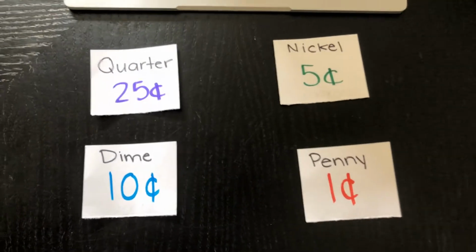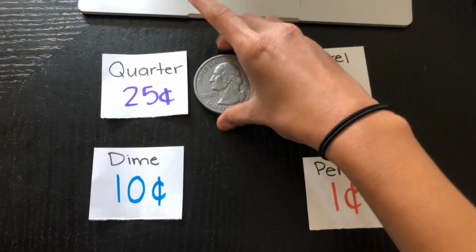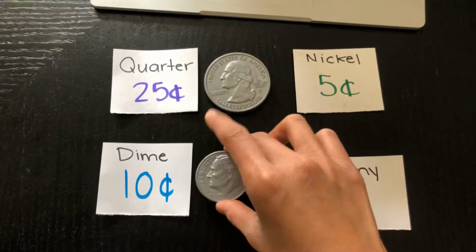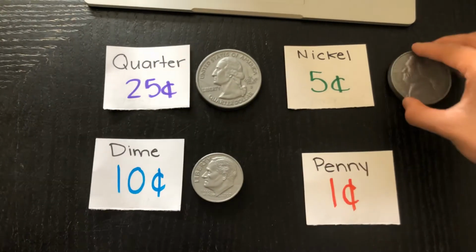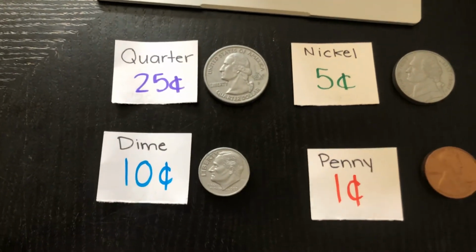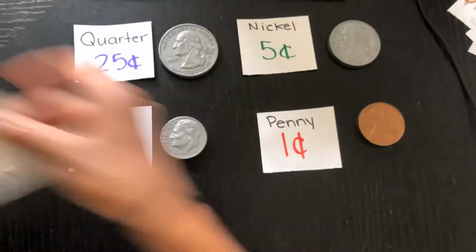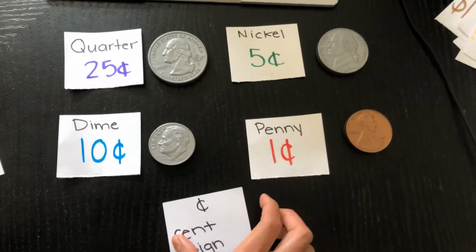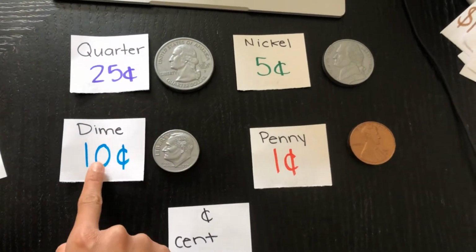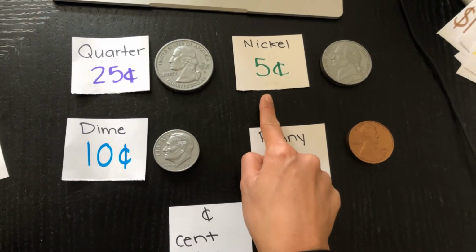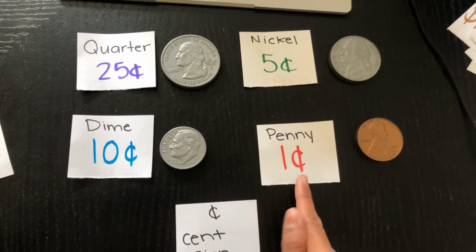Okay, I'm going to lay out each coin next to its name. Here, we used the cent sign. 25 cents, 10 cents, 5 cents, 1 cent.